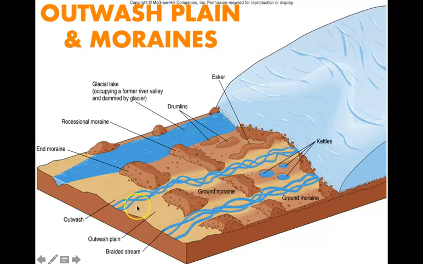But as these streams come through here, they're going to sort whatever they grab. A couple vocabulary words, just some foreshadowing here: drumlins, eskers, and kettle lakes. Drumlins, eskers, and kettle lakes. We're going to learn about all three of those.